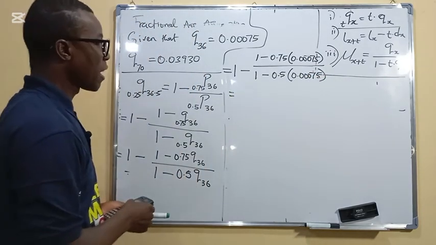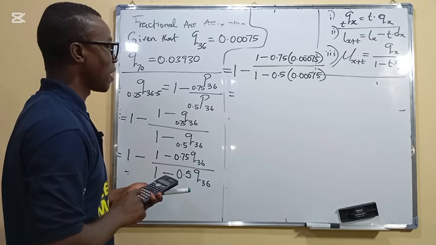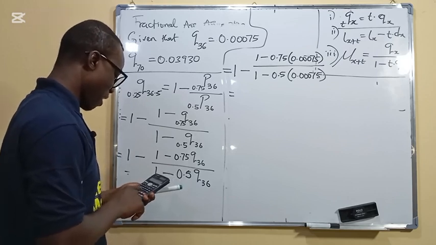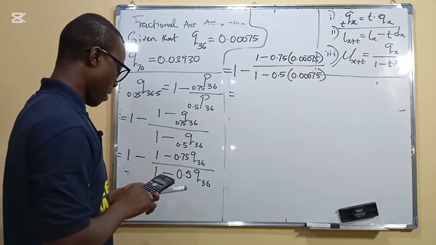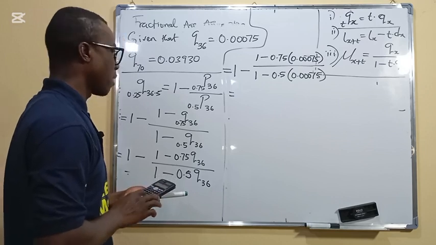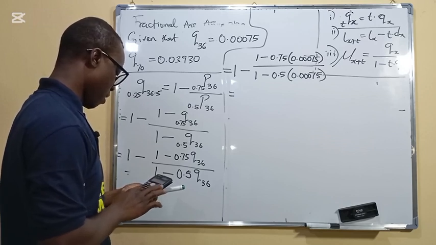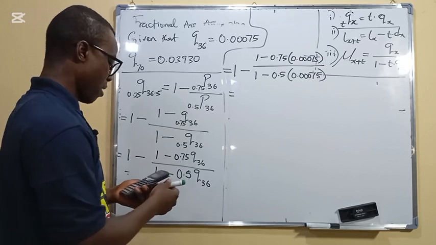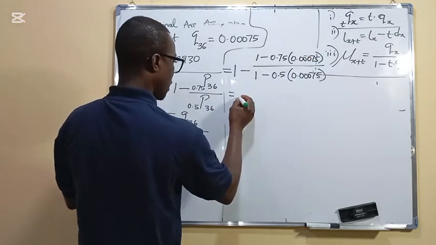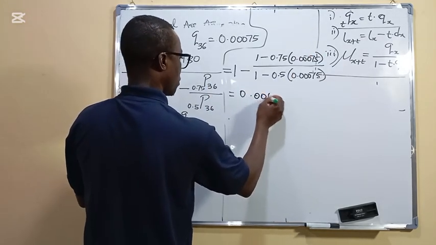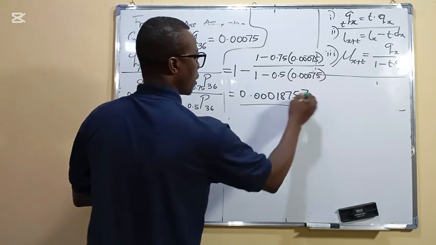So having that value in there, let me just do that quickly. 1 minus 0.75 times 0.00075, and then that will be divided by bracket 1 minus 0.5 into 0.00075, close the bracket, and then I have 1 minus answer. And of course, the whole of this gives me 0.0001875.